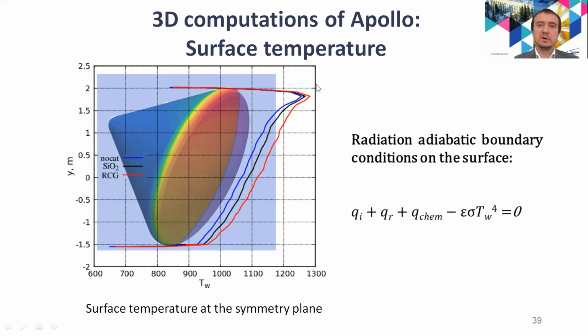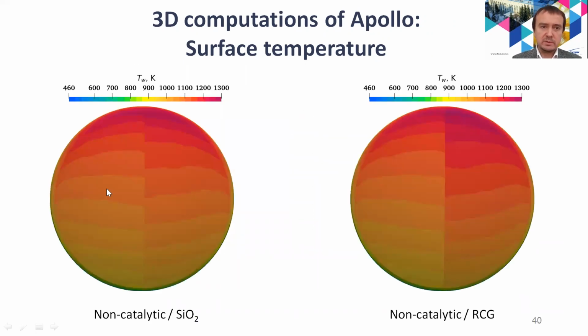It can reach almost 1,300 K for the catalytic RCG case here. And we see the comparison of the temperature distribution between the non-catalytic case, left parts of both plots, and the right parts are different chemical models.